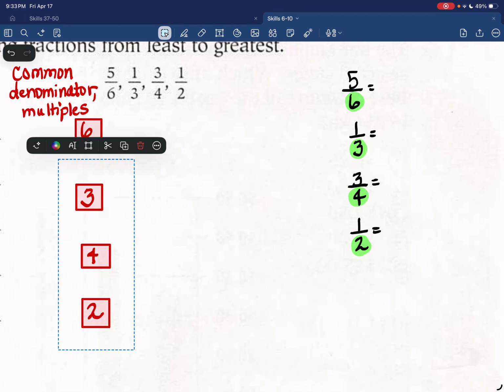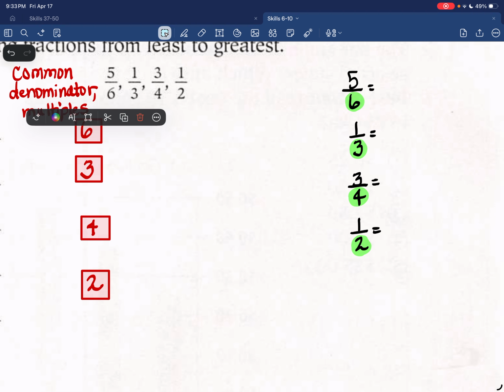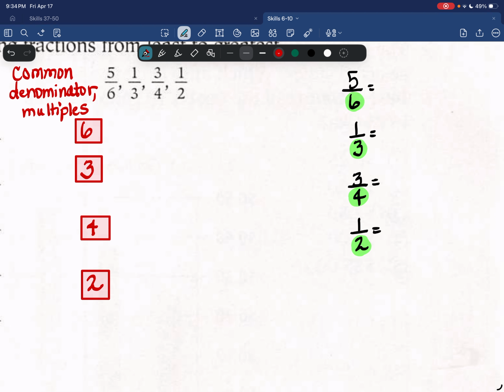I always taught my students to start with the smallest number in the list. And in this case, it's the 2. And I'm just going to start counting by 2. So I get 2, 4, 6, 8, 10, 12, 14, 16, 18, 20, 22, 24, and I'm going to stop there.